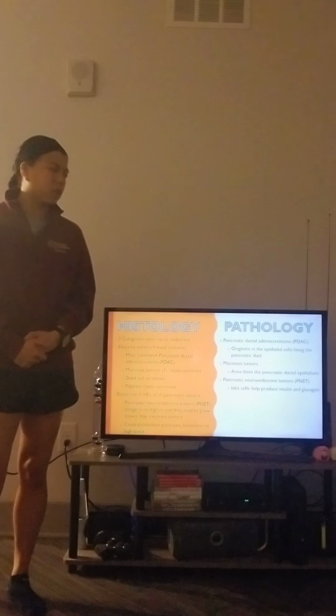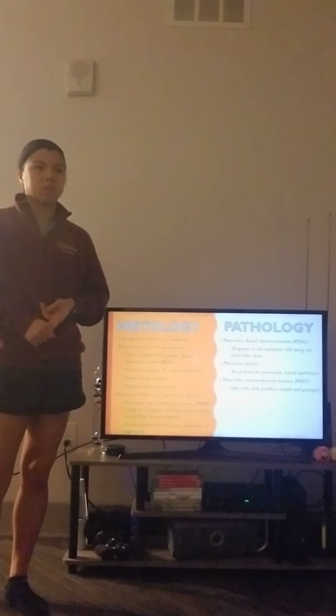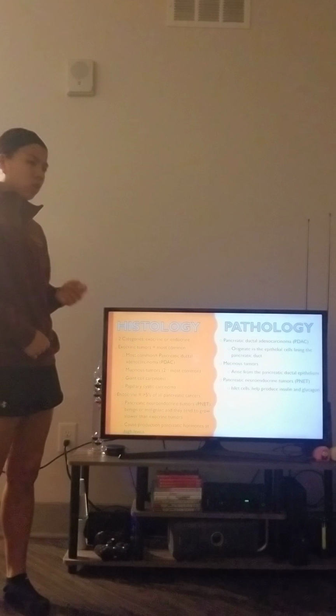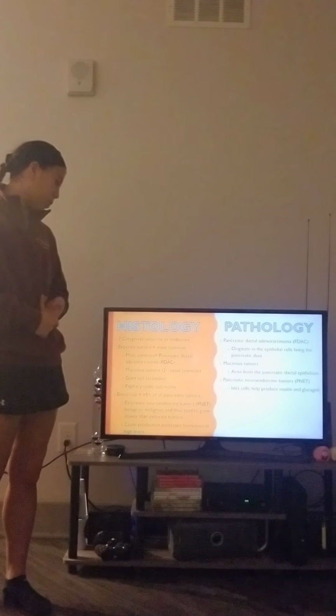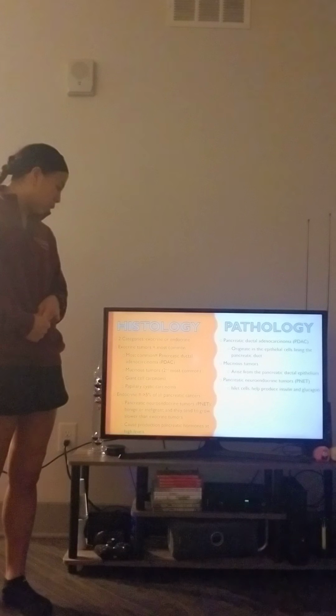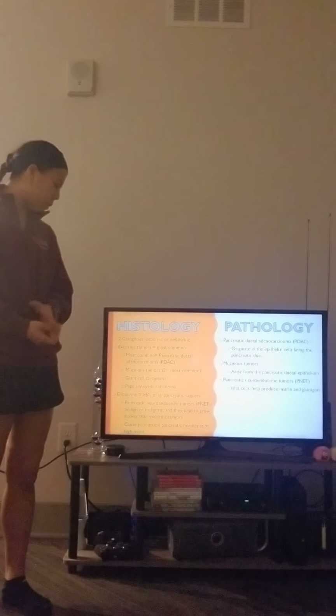The histology and pathology. So the histology will be broken up into those two categories I mentioned earlier, the endocrine and the exocrine. So the exocrine tumors are the most common. The most common type of histology is the pancreatic ductal adenocarcinoma, or PDAC. Then the second most common will be the mucinous tumors, and then following behind will just be giant cell carcinoma, papillary cystic carcinoma.